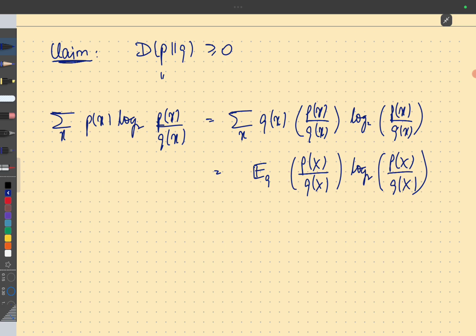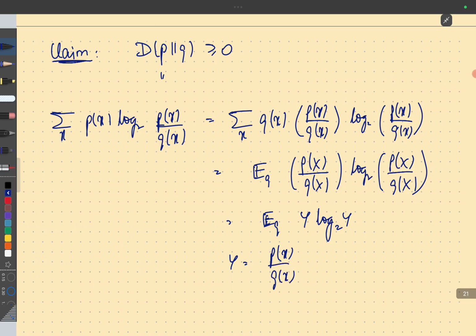So you can think of this as expectation with respect to the distribution q of y log y, where y is equal to p(x) by q(x) with probability q(x).